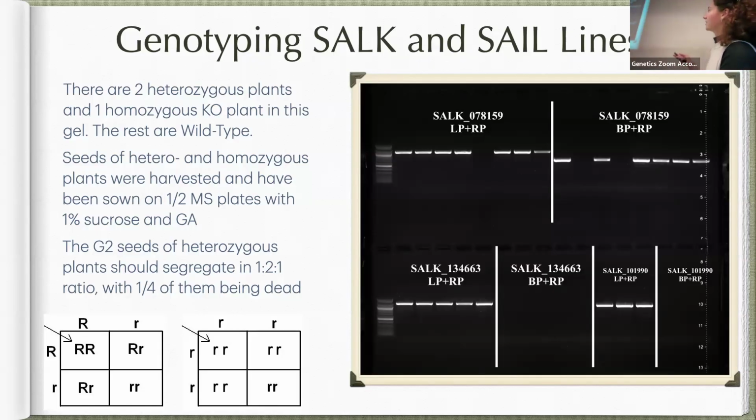And this would be the band that we get if we have a T-DNA allele in our plant. So in this picture, just on the top here, there are two heterozygous plants and one homozygous knockout plant, which is this one, because we have no wild type band, but we do have a T-DNA band. The rest are wild type.